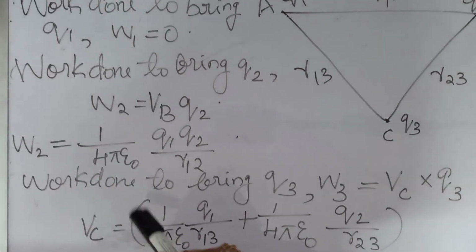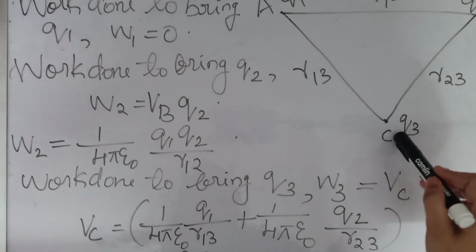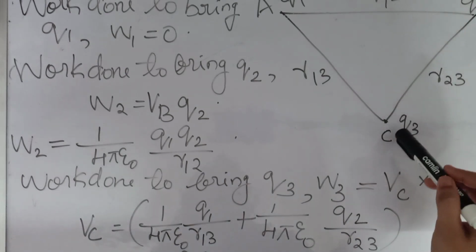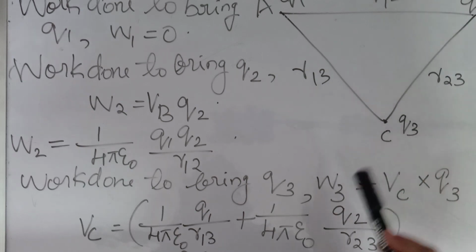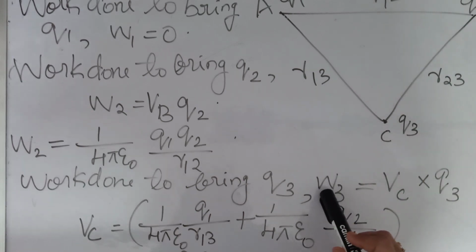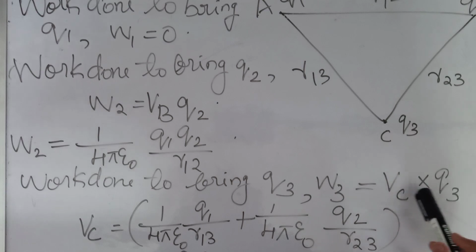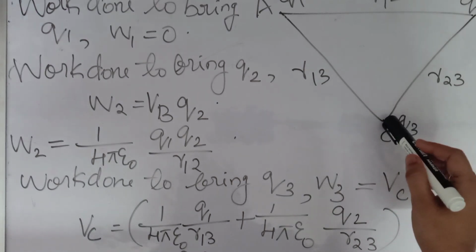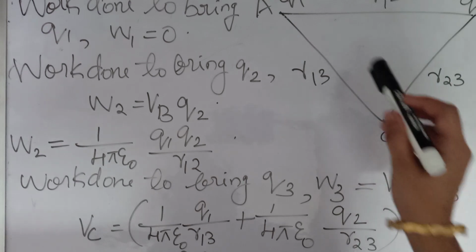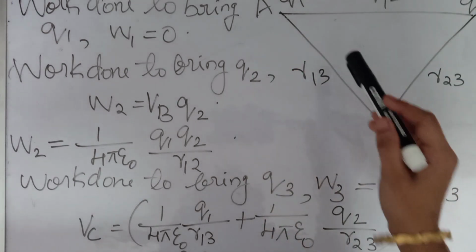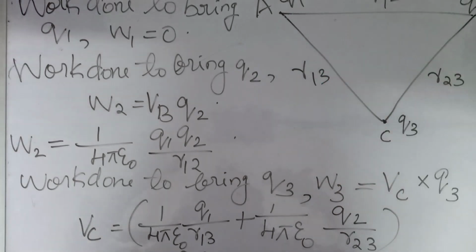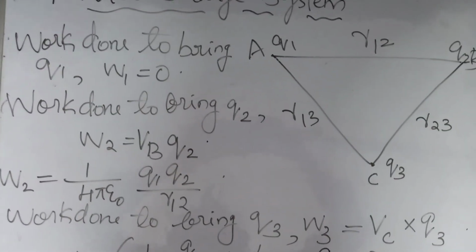And now we can bring charge Q3 from infinity to point C. So how we will bring Q3? The equation for work done is W3 is equal to VC into Q3. And here VC means we can consider this charge Q3. Here already these two charges are there, Q1 and Q2. So due to this Q1 and Q2 the potential will be there. So both we have to find here.